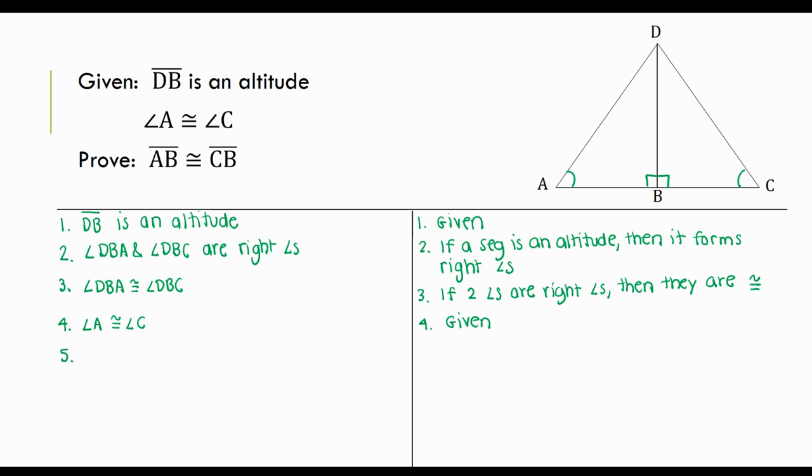The only segment that we can look at in the picture and absolutely know we've got something congruent is the segment that is shared between the two triangles. So that means that the segment DB is congruent to itself. That is because of our reflexive property.